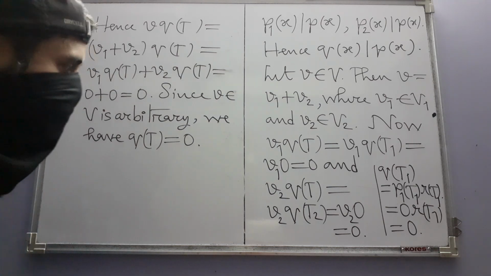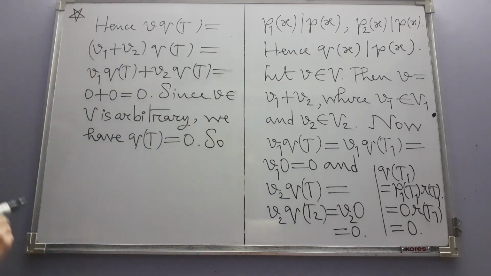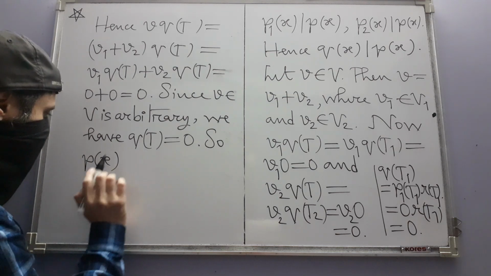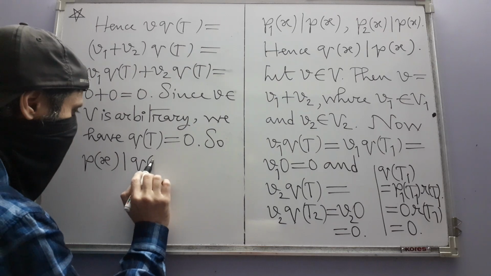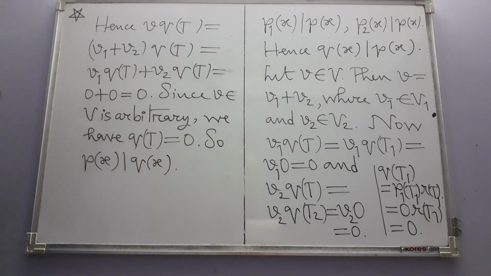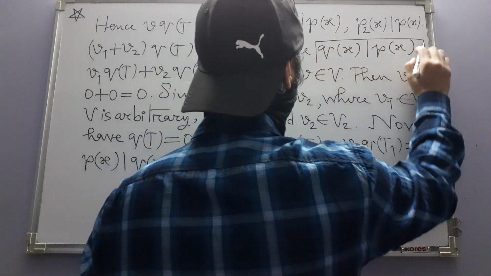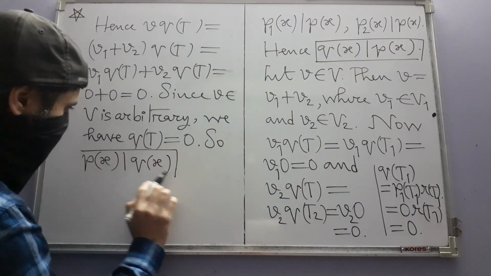P. So minimal divides annihilating. That's why P of x divides Q of x. Now we have these two divisibility relations.